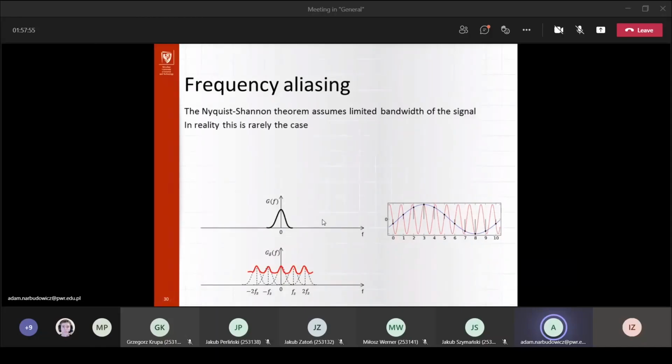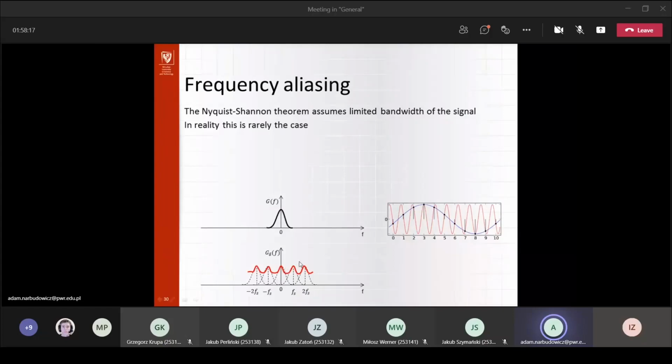Basically this has got to do with the fact that the discretized signal in the frequency domain will be seen as an infinite series of copies of the spectrum, right?